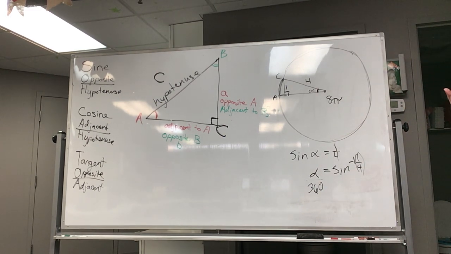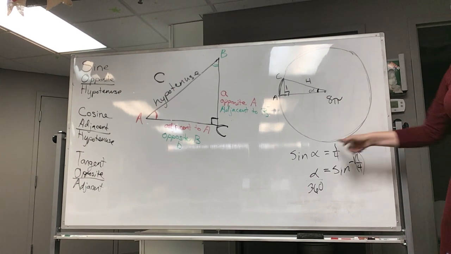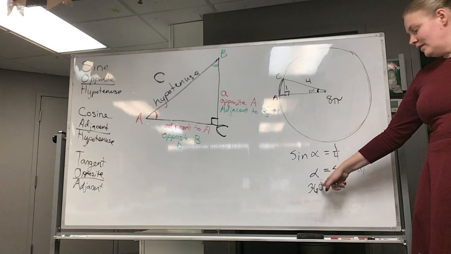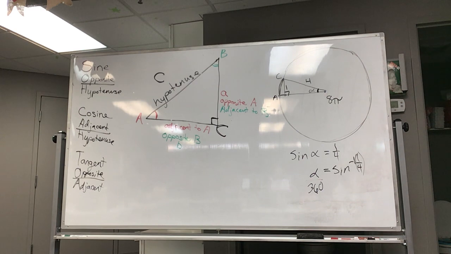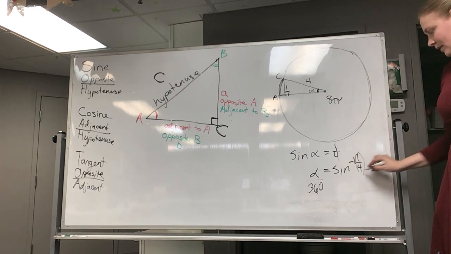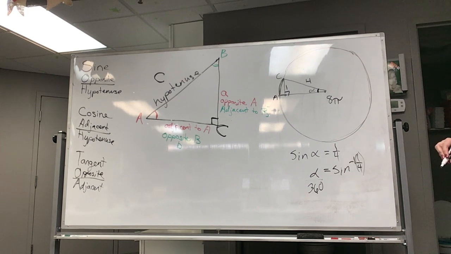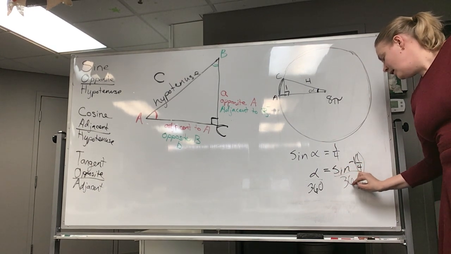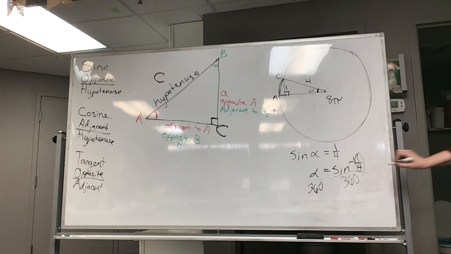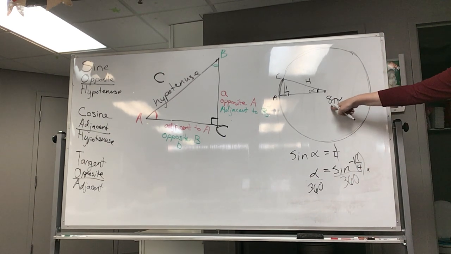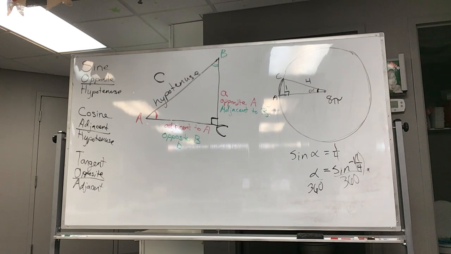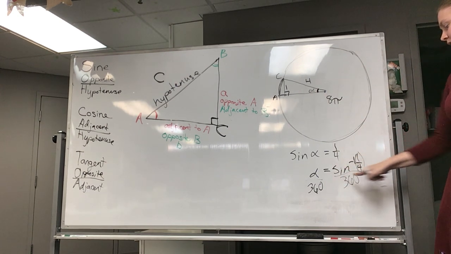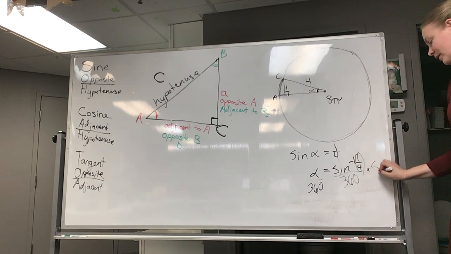So we don't know what that angle is, we calculate it out, but it's this divided by 360 gives us that fraction of the circle. And so we're going to take this sine inverse of 1/4 divided by 360, and that's our fraction of circle, and then we're multiplying it by the circumference of the circle. So we are getting the fraction of the circumference.